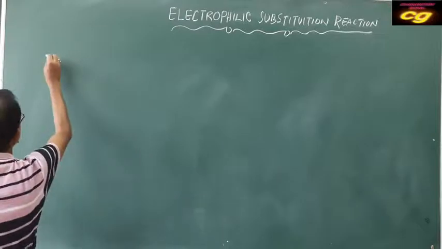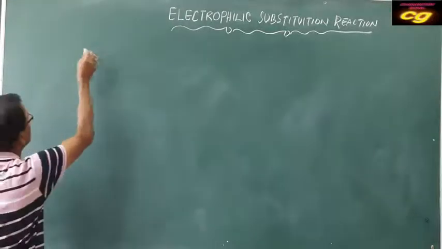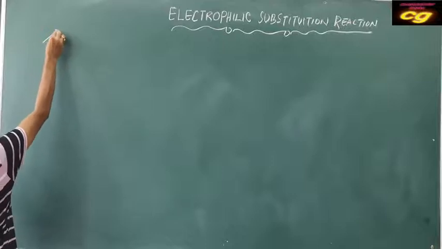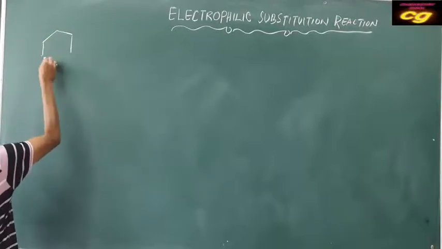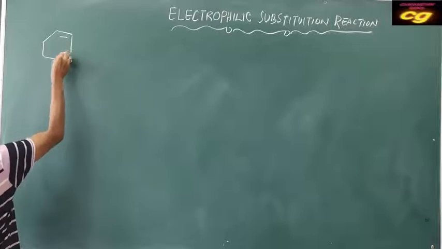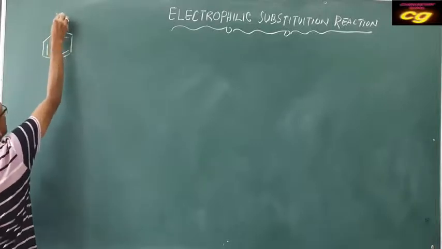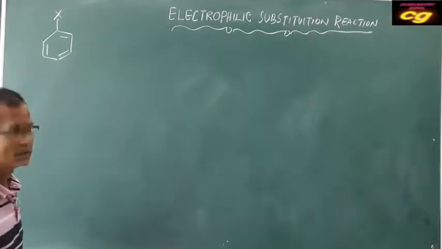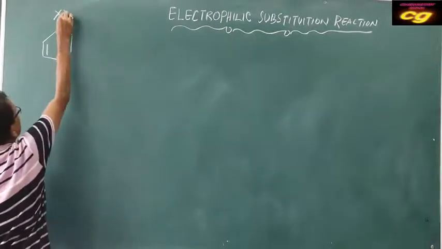Let us take the example of haloarene. This is the structure of haloarene, and we are discussing the electrophilic substitution reaction of haloarene. What happens here?